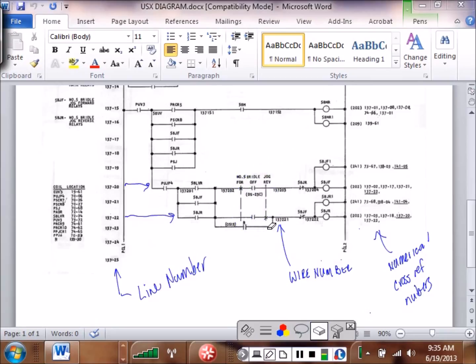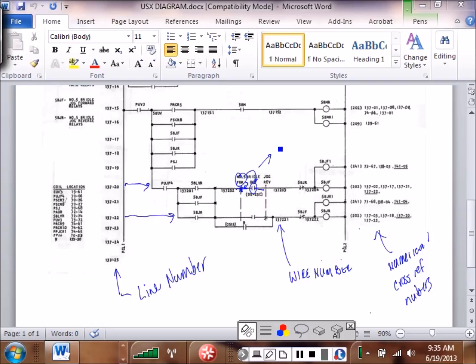Yeah, and the bottom will be open. So if I put it in forward, see here's forward for number 5 bridle. Can you see the asterisk right here, Wilbur? It means the contact in this line is going to close. On forward, the top contact is going to close, and on reverse the bottom contact will be open.